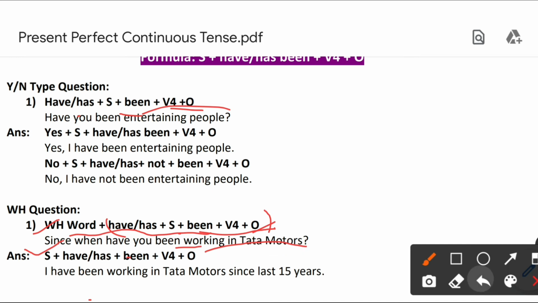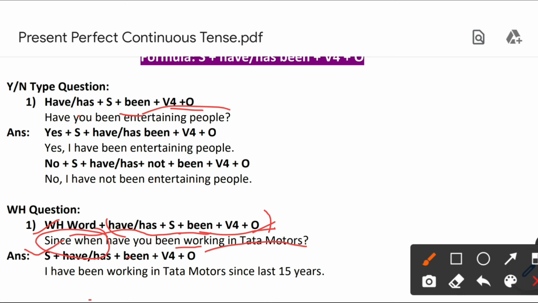So it becomes since when. Here, instead of asking when, as this action started in the past and still continues, we have added since. So, since when have you been working in Tata Motors? That will be your question.